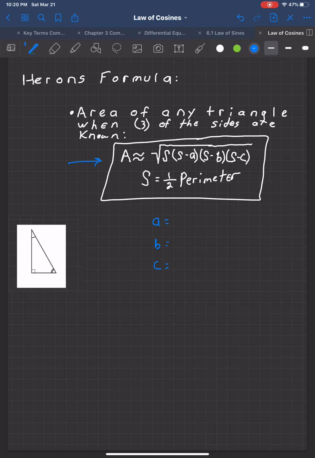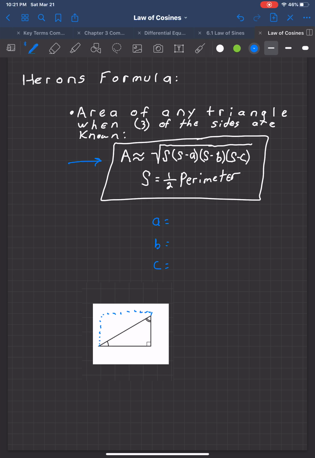But let's just assume that this is a football field. Instead of yards, we'll just do feet. If I recall, I think that the width of a football field is about 160 feet. And then we'll count the end zones as well.